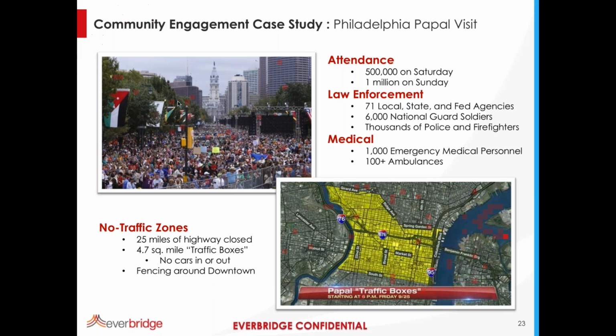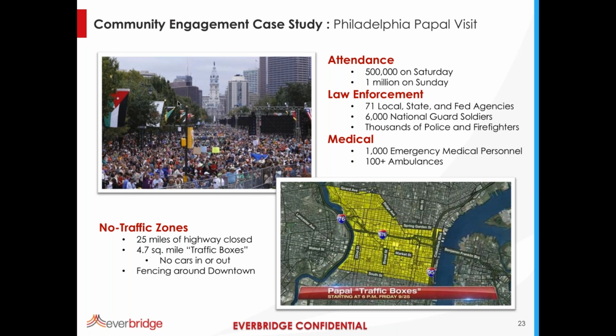And just really quickly to talk about a case study. This happened, I guess, almost a year ago now, when the Pope visited the Philadelphia area. Obviously, the city was expecting a lot of people to flood into the city over the weekend, about 1.5 million attendees.